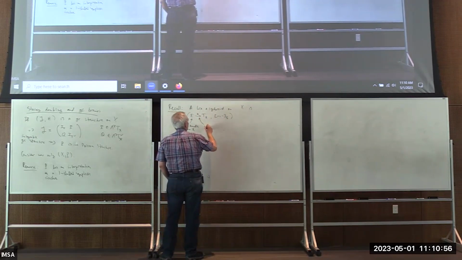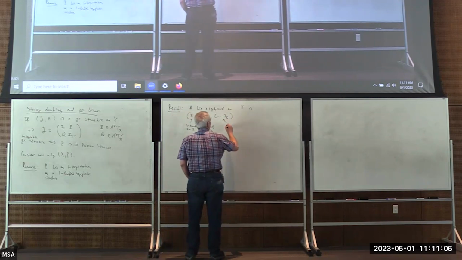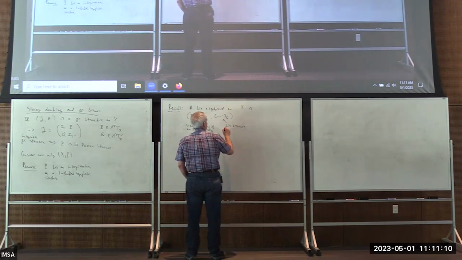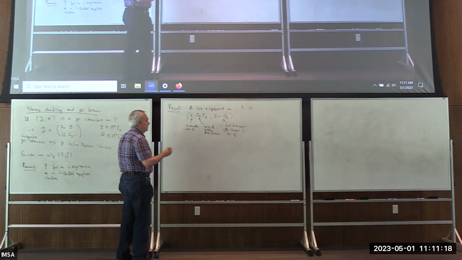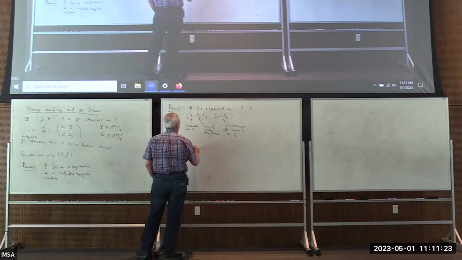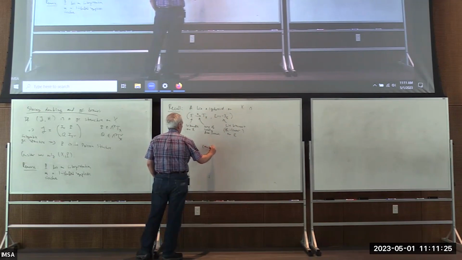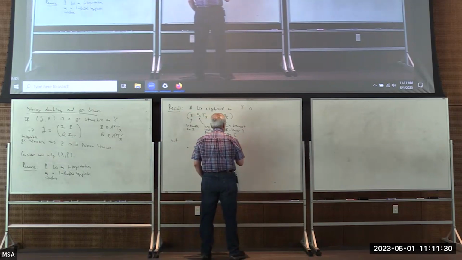A is a map of vector bundles. This guy is a Lie bracket on E, R-linear, and there are conditions. So this A is called the anchor map. It's a map of sheaves of Lie algebras.